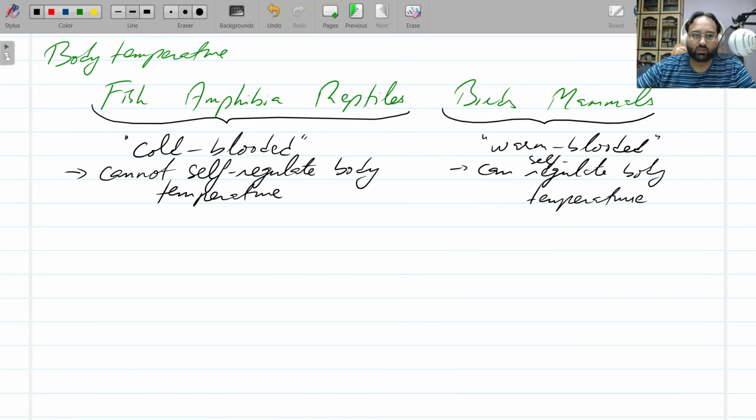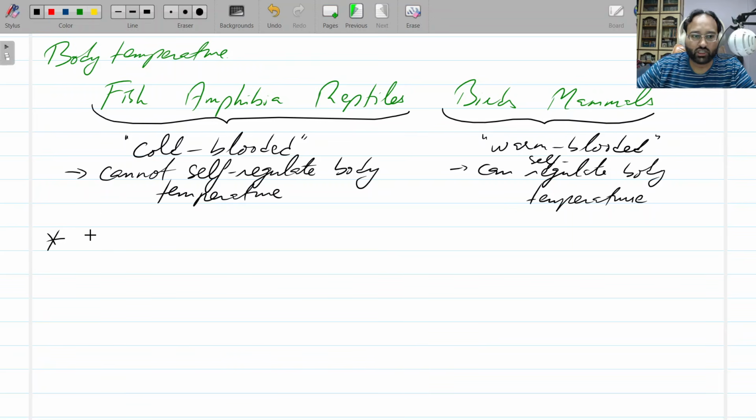Now, for the cold-blooded animals, the proper term, which is not given in your text, is poikilothermic. So the scientific term for these animals is poikilothermic.